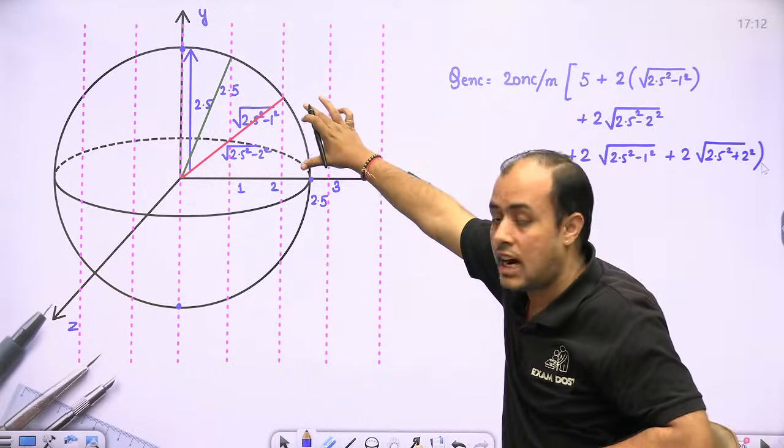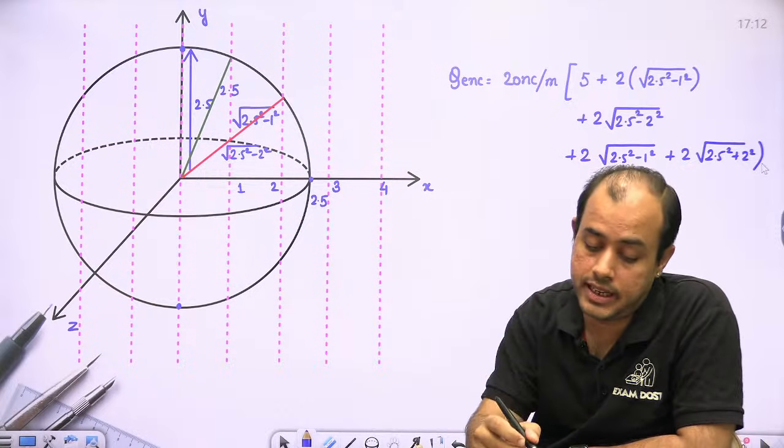So we are taking half the length and that is why we are doubling.